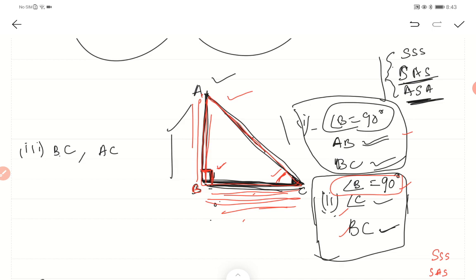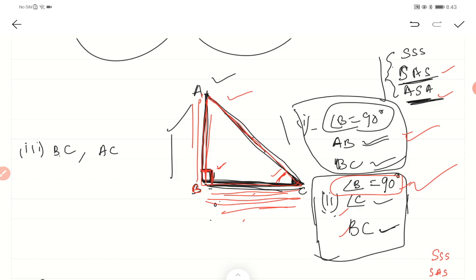So we know these two criteria, or rules you can say, the SAS and ASA properties.